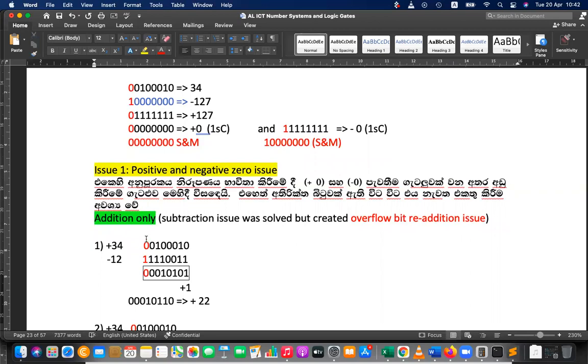This bit, whatever the bit overflows, you have to add it again to get the answer. Right? So that's why I asked you to write this and write this, to show which is solved and which is unsolved.